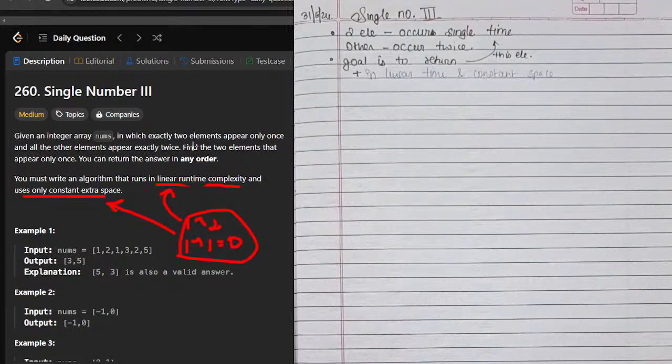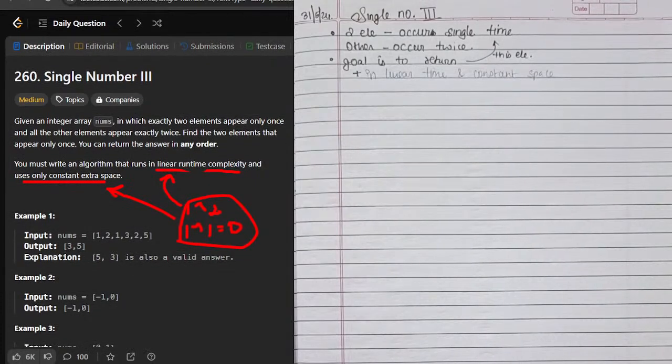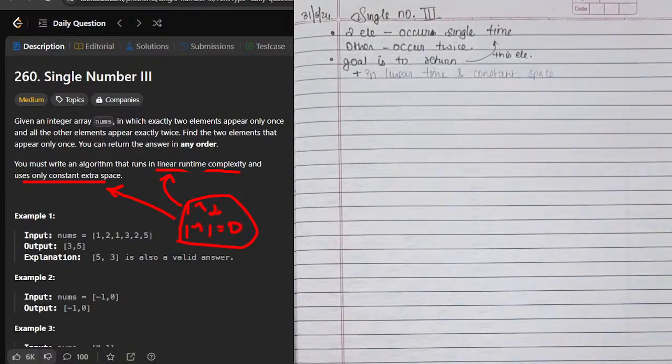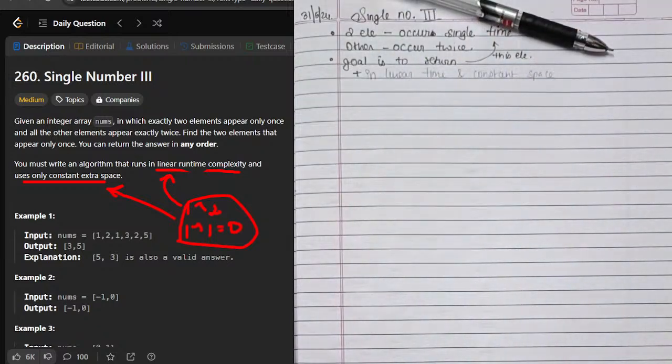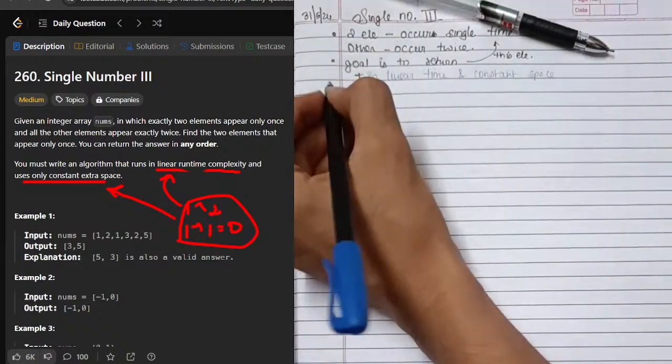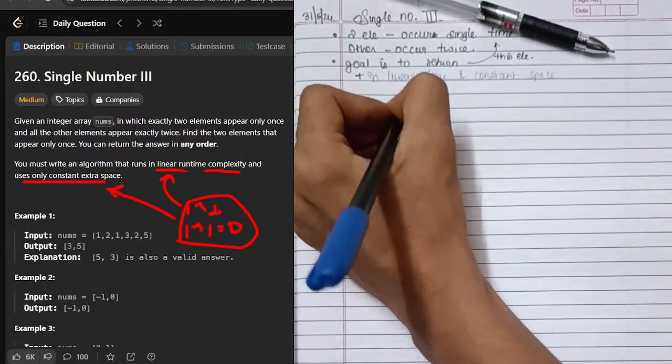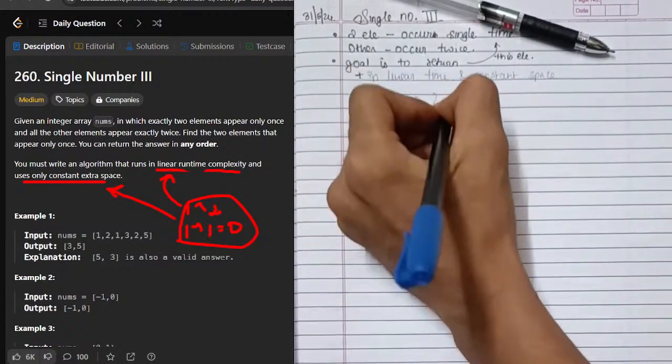The first example: one, two, one, two, three, two, five.